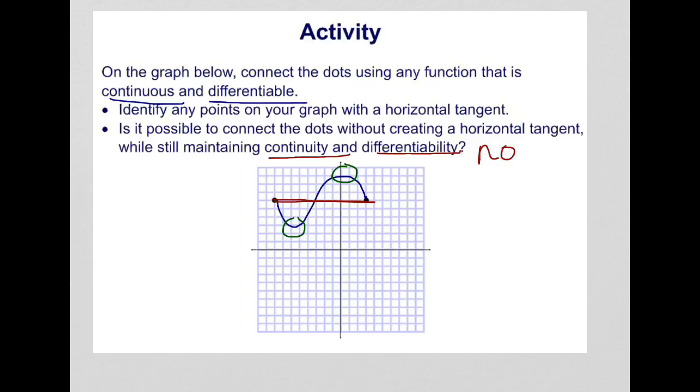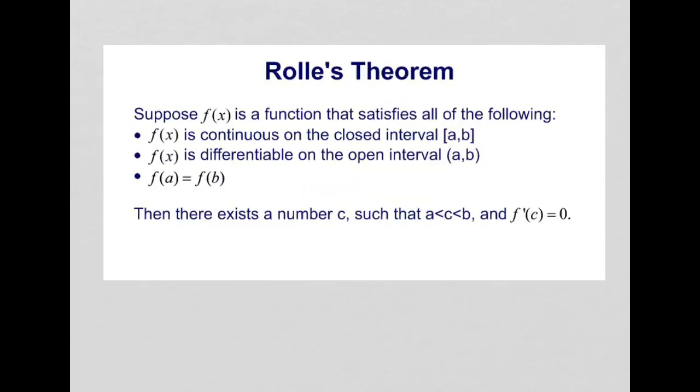That is important because if you simply increase the whole time, then you don't really have to have a horizontal tangent. So he says, if these three things are all true, then there must exist a number c somewhere between a and b where the derivative is 0, or in other words, where we have a horizontal tangent.